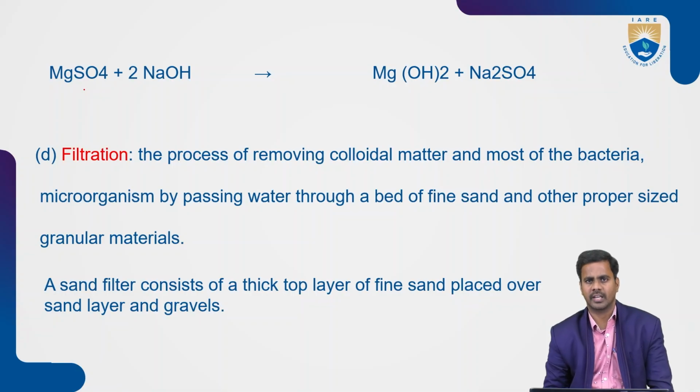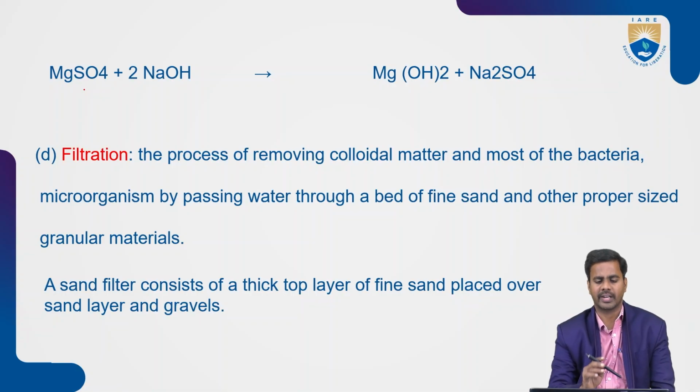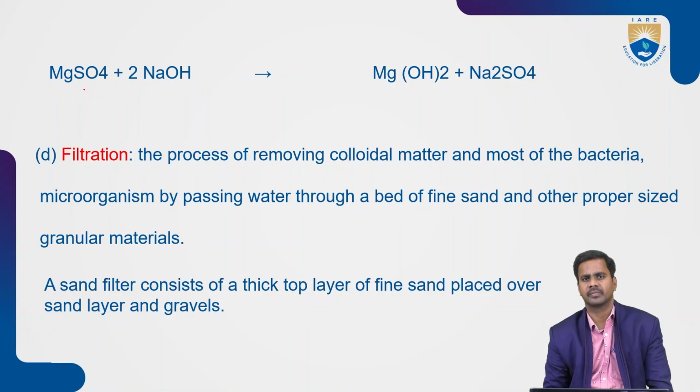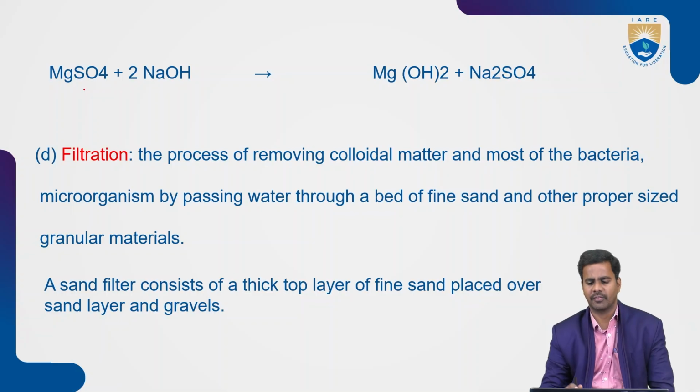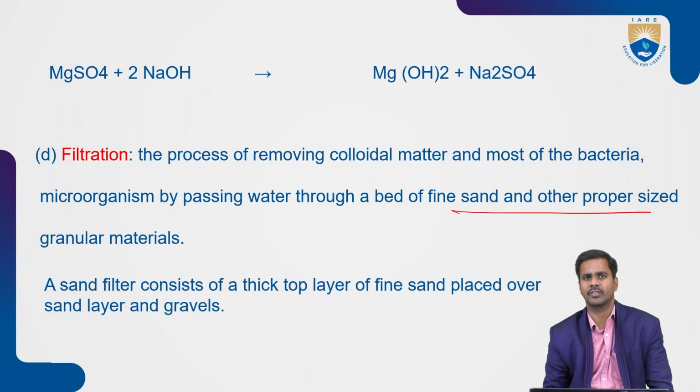After the coagulation step, water goes to filtration. It is a process of removing colloidal matter and most of the bacteria and microorganisms by passing water through a bed of fine sand and other properly sized granular materials.